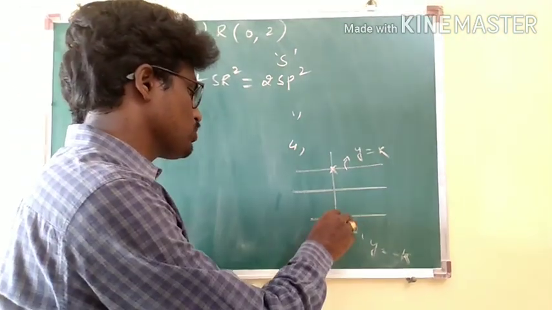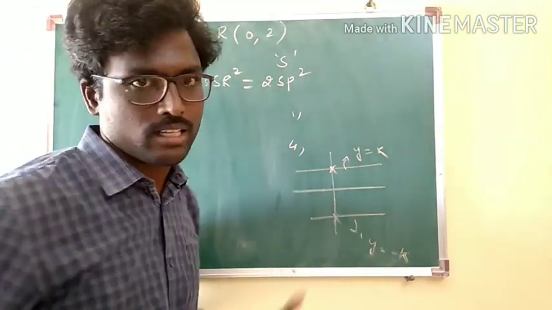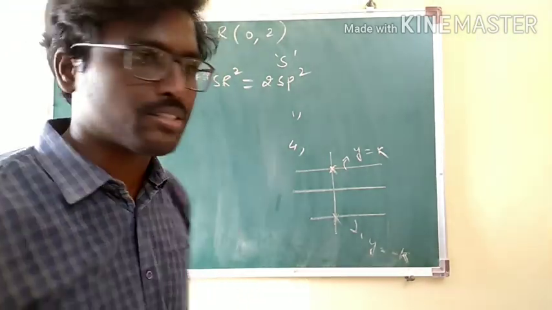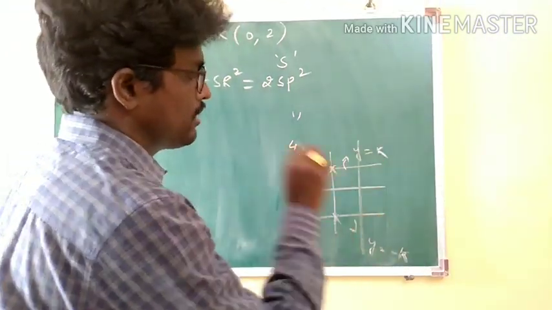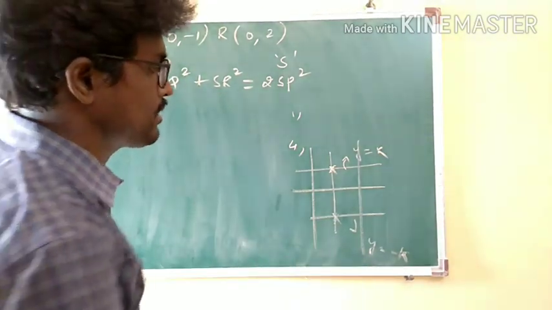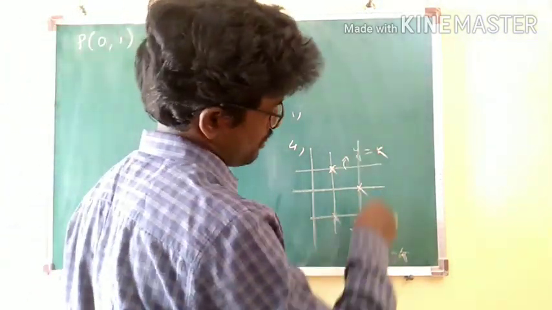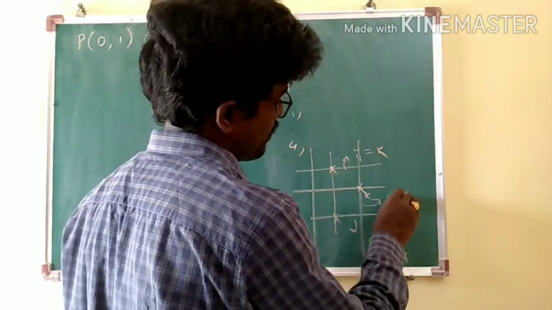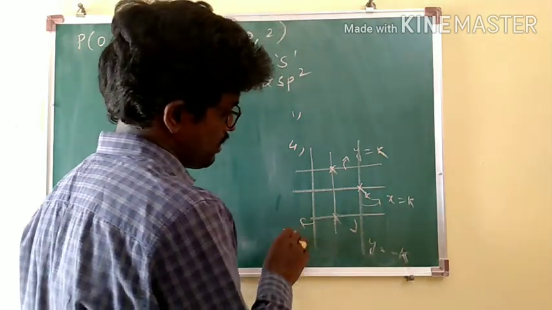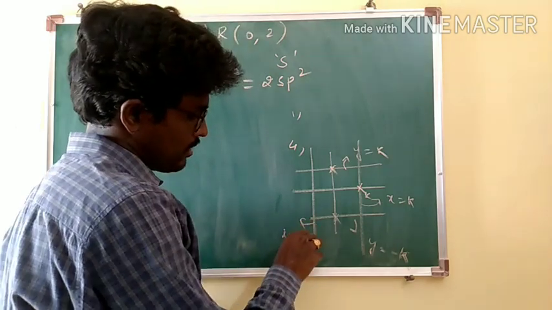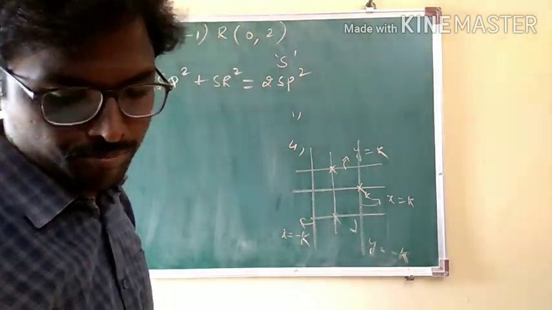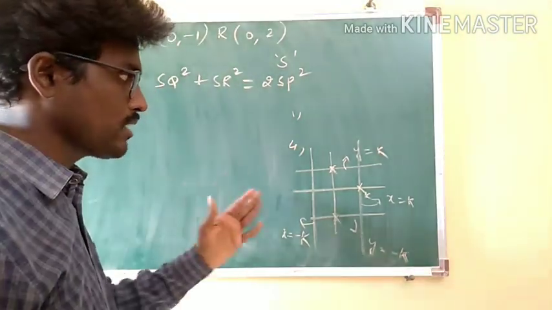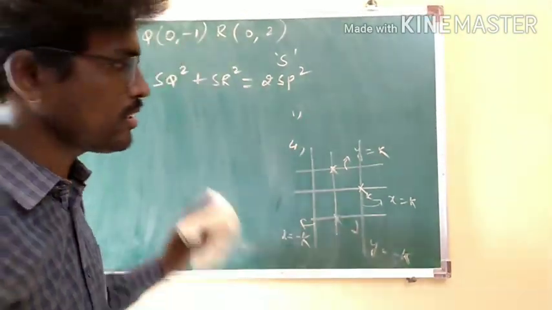In the fourth option we have a straight line parallel to y-axis. When a straight line is parallel to y-axis, it is going to cross the x-axis at some point k, so we take the line as x equal to k or x equal to minus k. Hope you understand. So if you get any of these formats, we have to consider this. And in the second and third options, there is no confusion at all.